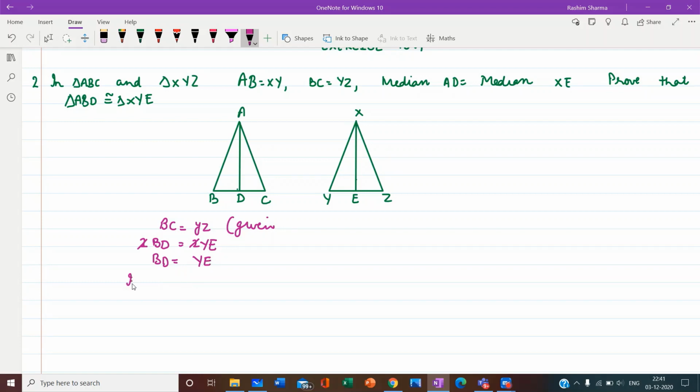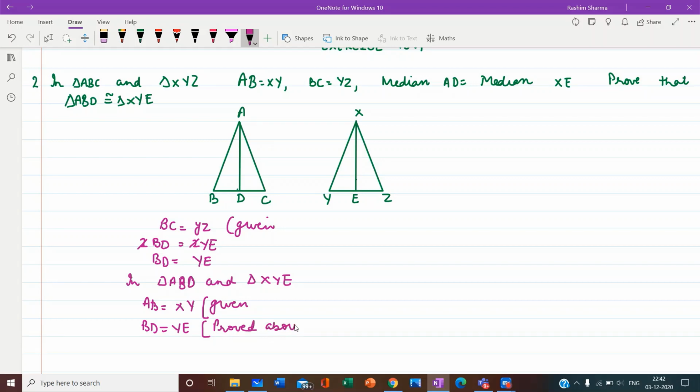Now we will write, in triangle ABD and triangle XYE: first, we are given AB is equal to XY. This is given equal. Second, BD is equal to YE, that we have proved above.